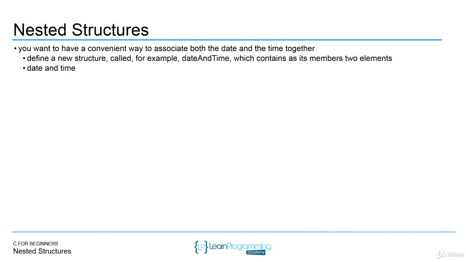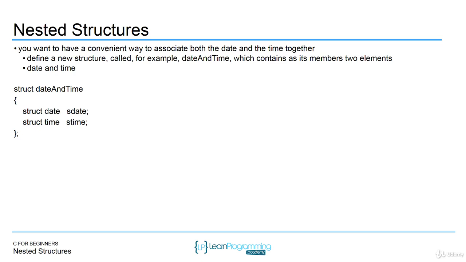We can define a new structure called, for example, date and time. This would contain as its members two elements, a date and a time, which are both structures. So we now have a nested structure. We have a structure named date and time that contains two other structures. Something like that. And the syntax is very similar to creating other structures.